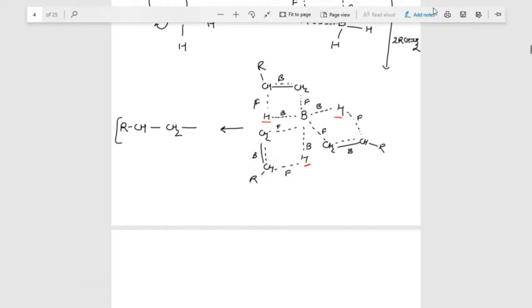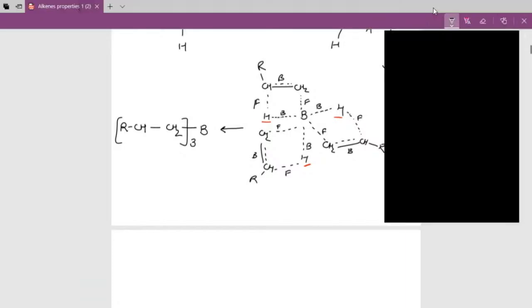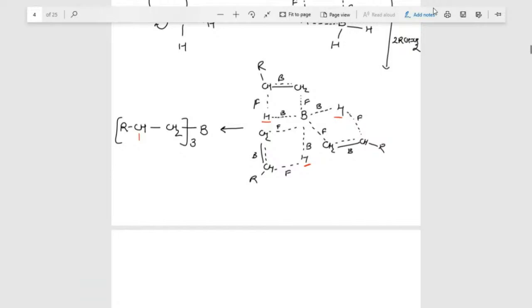I have intentionally not written here H, just wait, and boron. Okay, and here this is the H. This H has come from B2H6. And here itself you can see that there is a cycle formation like this.